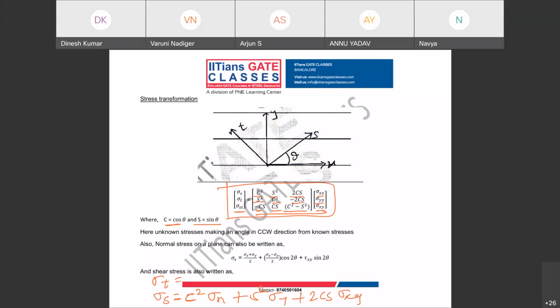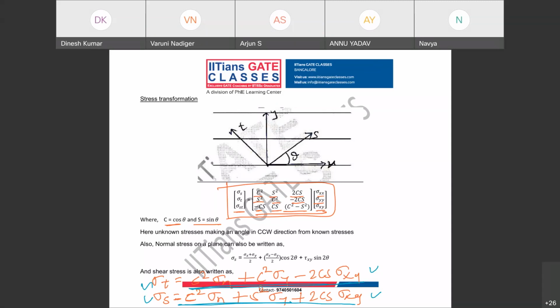If you write, it will be S square sigma X plus C square sigma Y minus 2CS sigma XY. Now guys, it is clear now for you? Some of you may know this formula, but now it should be clear when we use it. If sigma S has to be found, we use this formula. When sigma T, we use this formula.